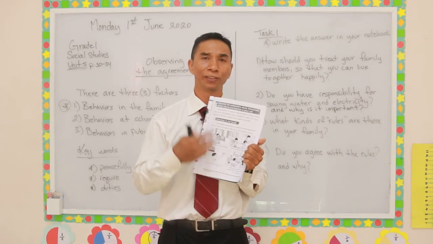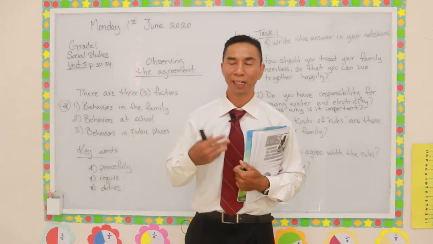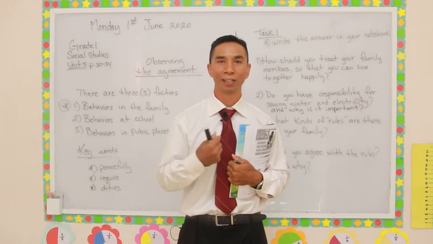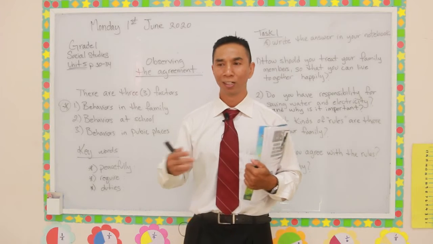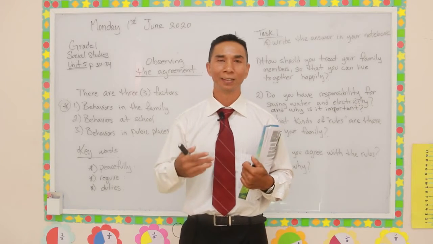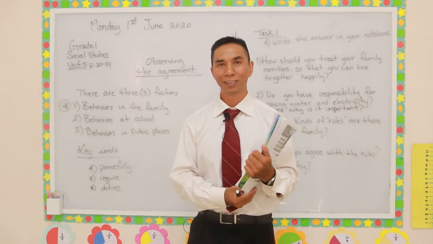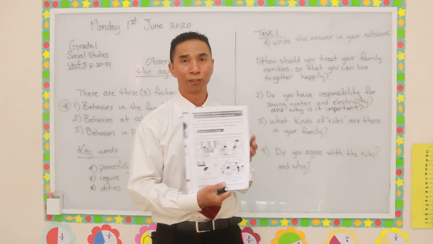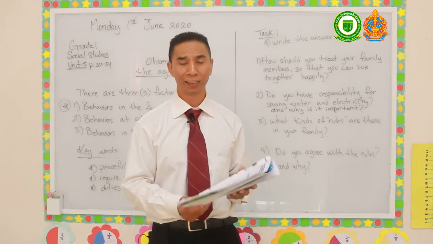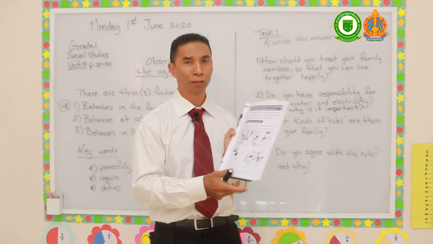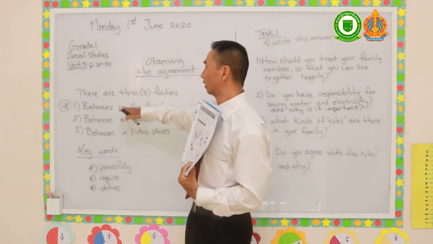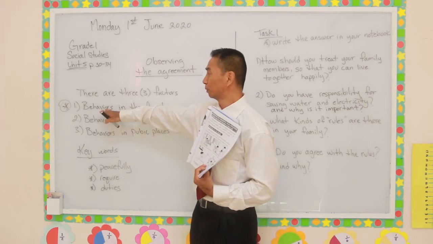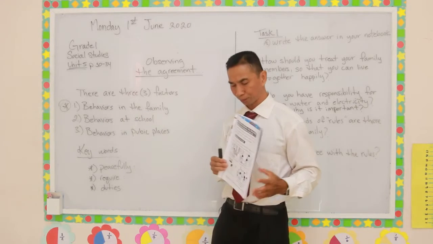When you eat dinner with your families, you're supposed to respect each other like how you respect your teachers and your students. Sit down, eat, be nice, then after you eat, leave, right? That is part of your manners when you eat. And these are some of the rules within the family. That's how you should behave in the families.